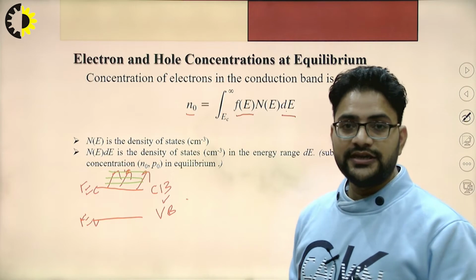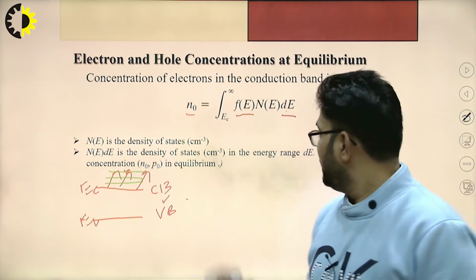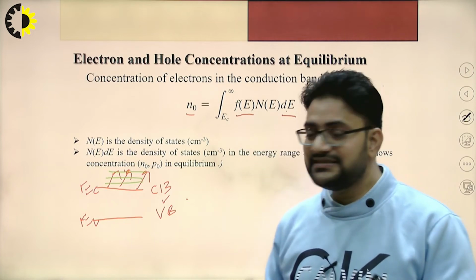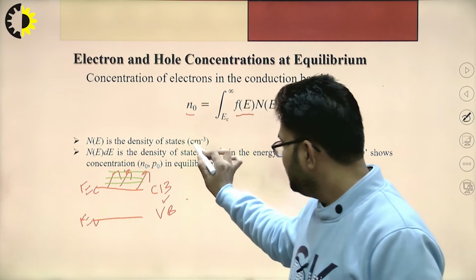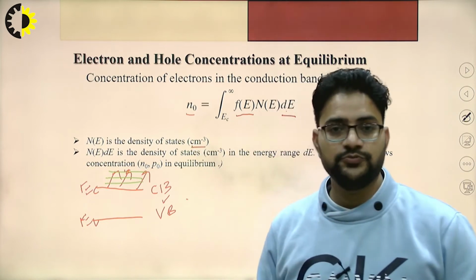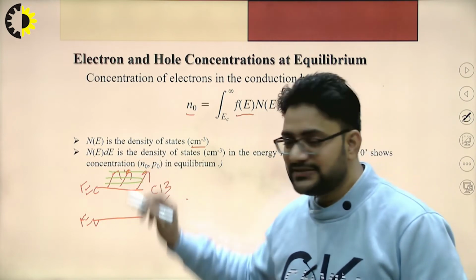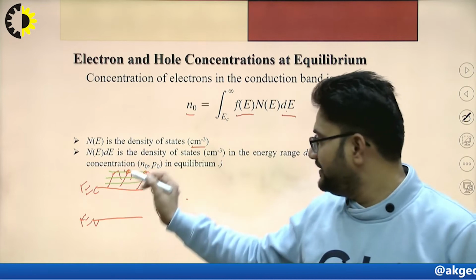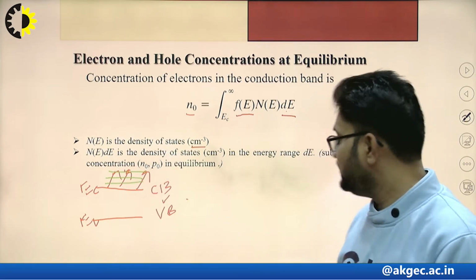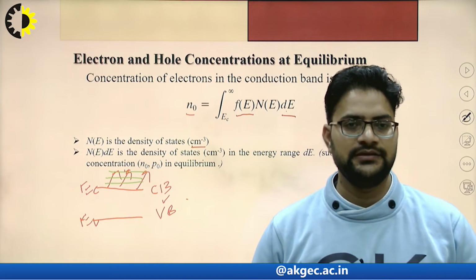Now here we introduce a new term, N(E). What is N(E)? N(E) is the density of states, measured per centimeter cube, and N(E) multiplied by dE is the density of states in the energy range dE.